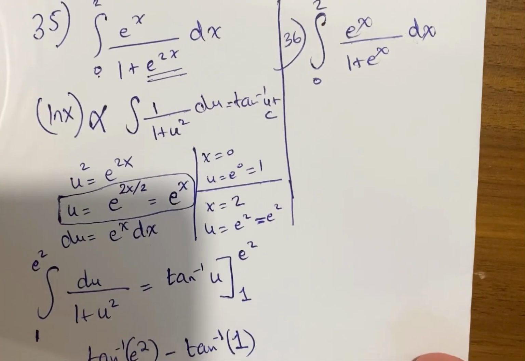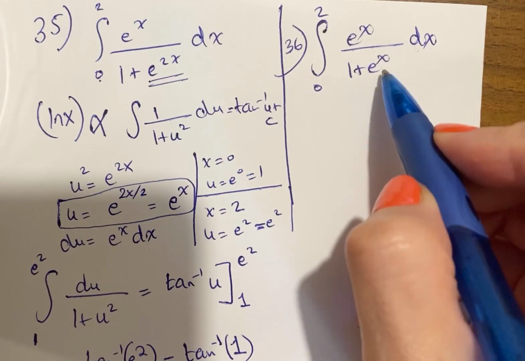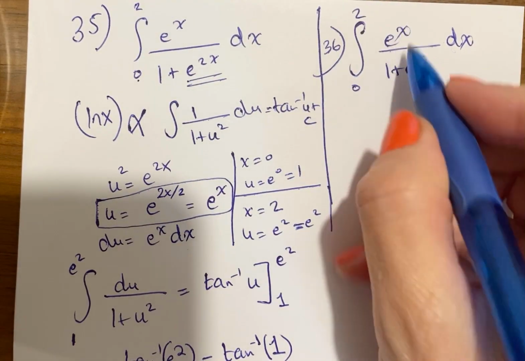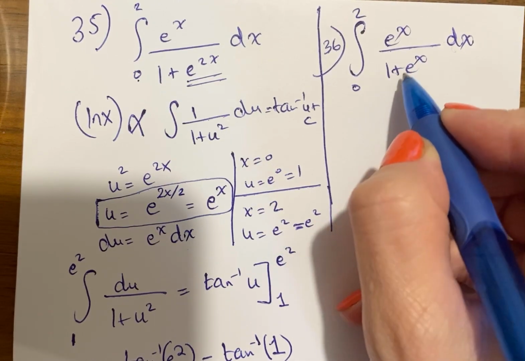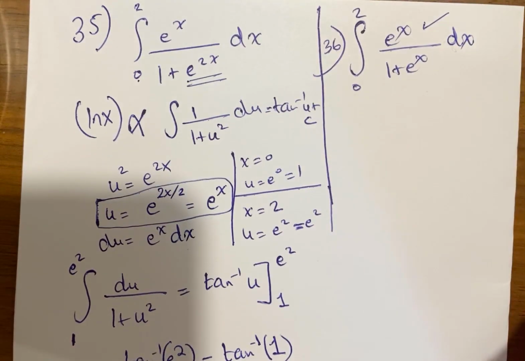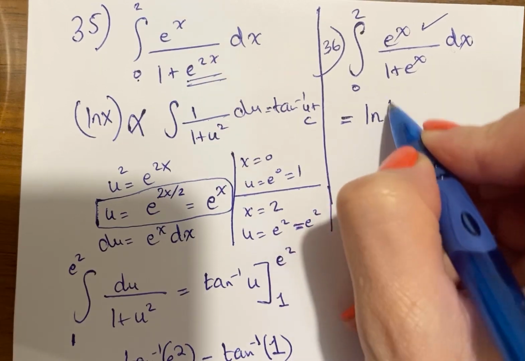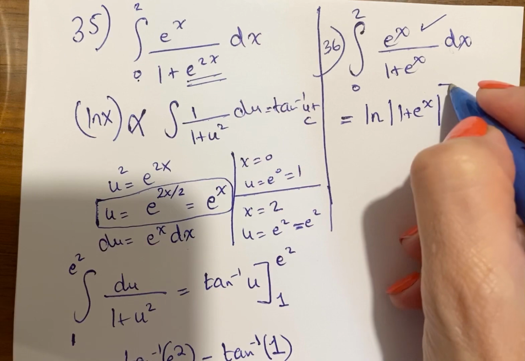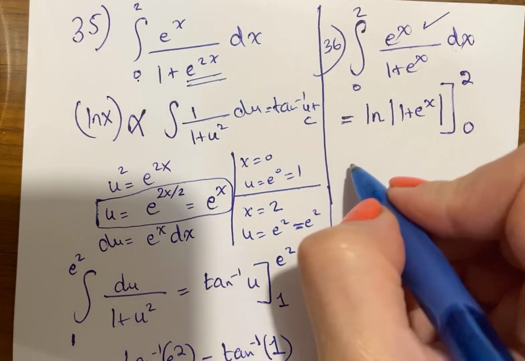Now look at example number 36. It's not on the formula sheet. I cannot simplify. I start thinking u du. It's a fraction. The first thing I think of is f prime over f. I check it. If f is 1 plus e^x, what's the derivative of 1 plus e^x? e^x. So this by default does not require any substitution u du. It's ln of 1 plus e^x. This is in terms of x or u? x, because I didn't change to u, so I keep the limits of x.